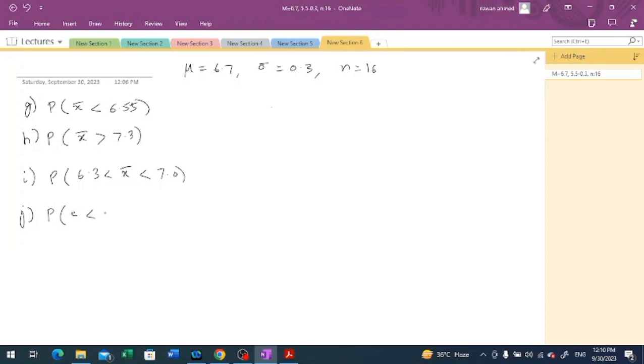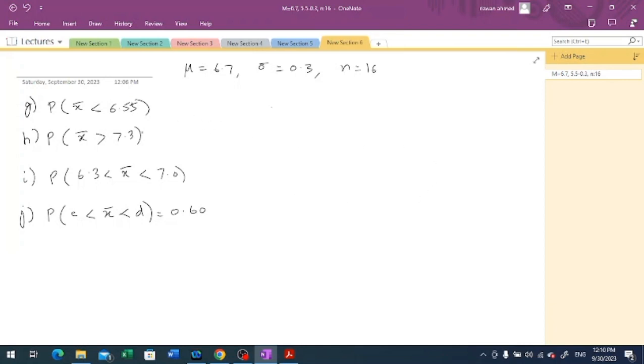Between what two values symmetrically distributed around the mean will 60% of the sample mean values fall.